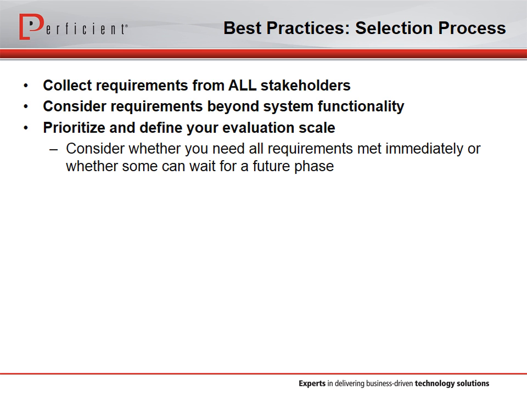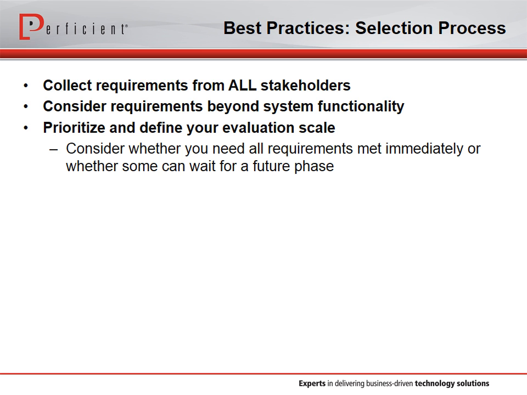And finally, once you have your comprehensive list, you'll need to prioritize it and get buy-in from all of the stakeholders on that prioritization. You want to divide your requirements into must-haves and nice-to-haves, and then rank all of your nice-to-haves. Assign different weights.